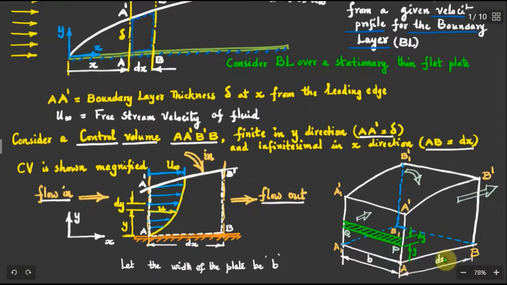If you consider this diagram, you will understand clearly. The shearing area for the control volume, AB, is the bottom rectangle of the 3D sketch, A1 A B B1. The flow is in contact with this solid surface over this area within the control volume. So the area is b into dx, that is the shearing area.